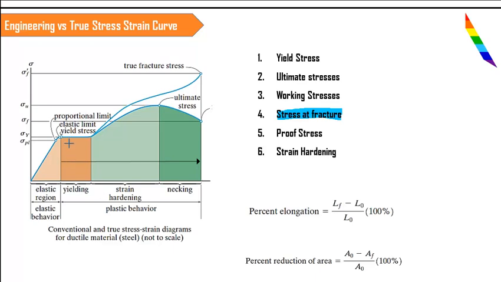Now within the plastic zone there are different areas. One is the yielding zone, where the initial yielding takes place. Another zone is strain hardening. This is a wonderful phenomenon. You know that when we apply a load, the energy that the material absorbs increases point by point.